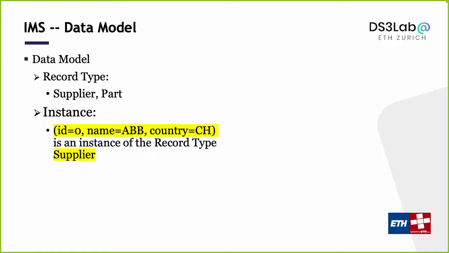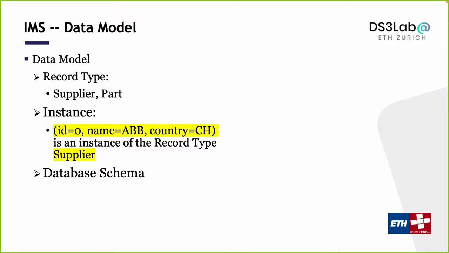In the sense that my record type supplier contains a collection of records. So here is a tuple, the ID equals 0, name equals ABB, country equals Switzerland. So that is one tuple, that's one instance of this record type called supplier. So my database contains a whole bunch of those.